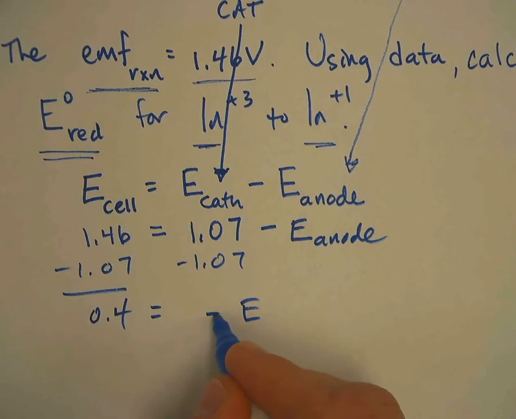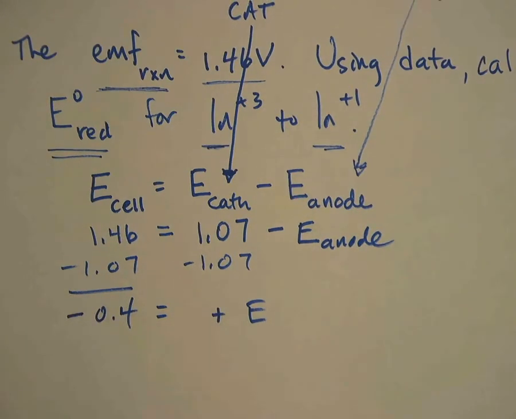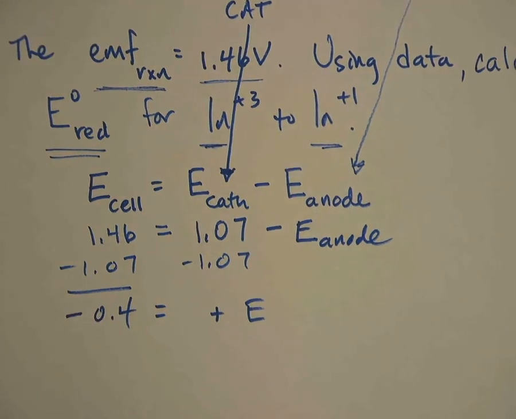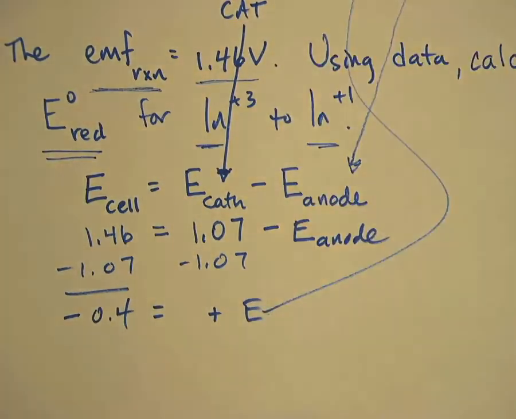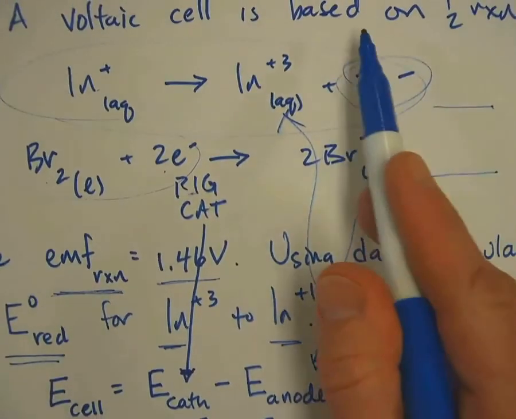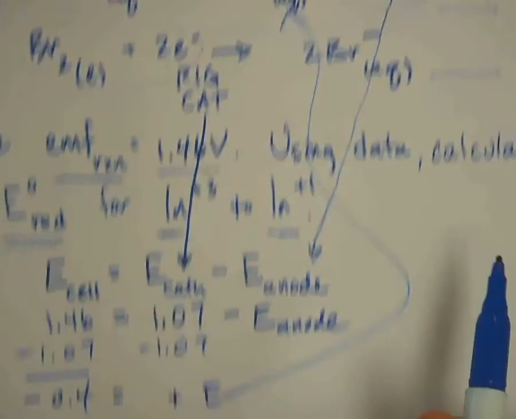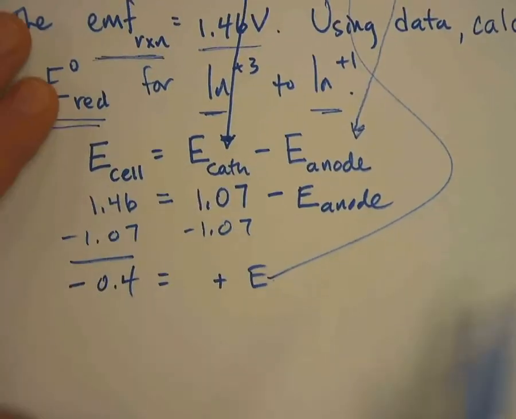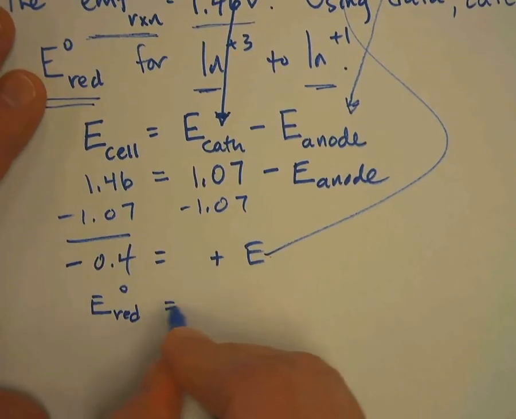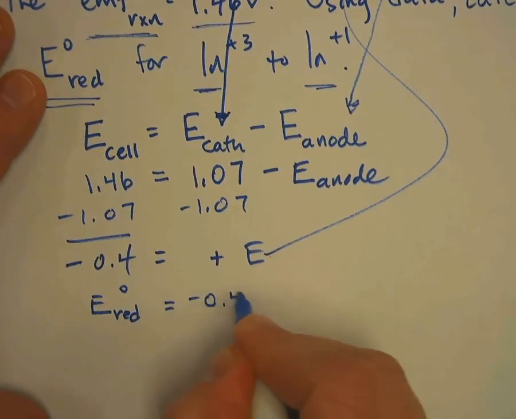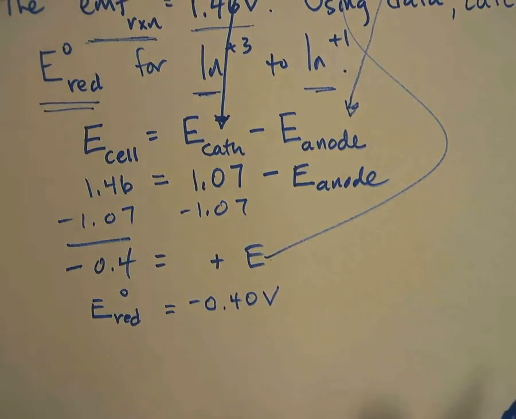And then remember, this negative sign's here, so I'm going to bring the negative over here. So the standard reduction potential for this reaction right here, up here on the top, is about negative 0.4. I think it's negative 0.39 if I do that. So E reduction circle for this is equal to approximately negative 0.4 volts.